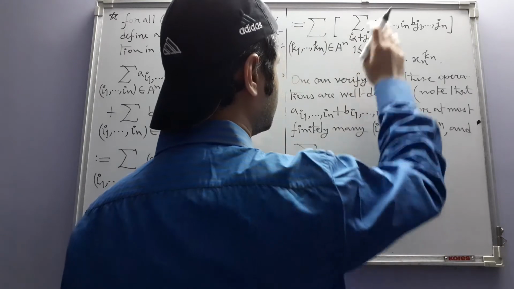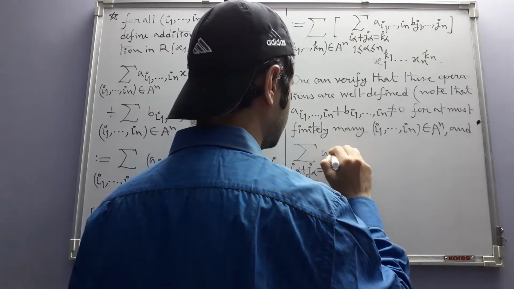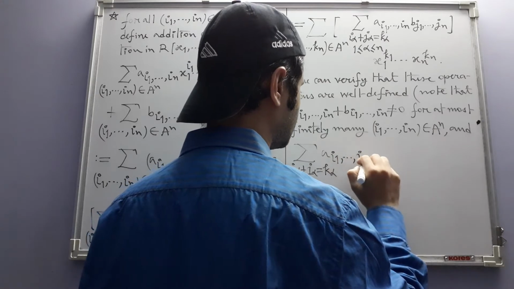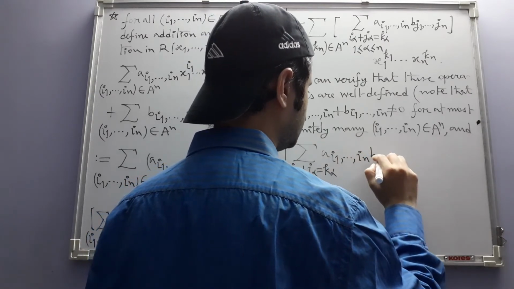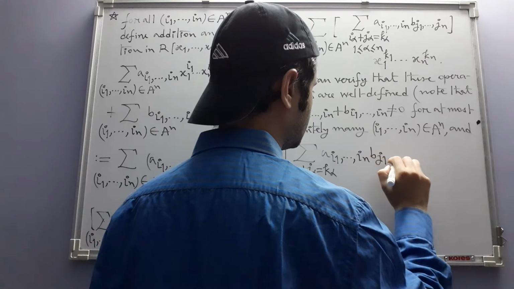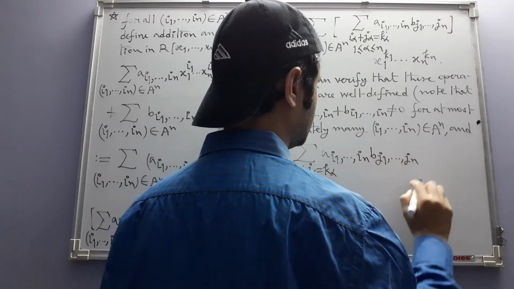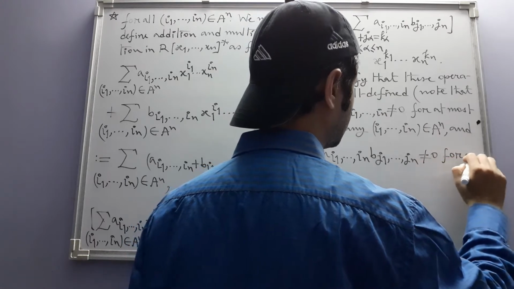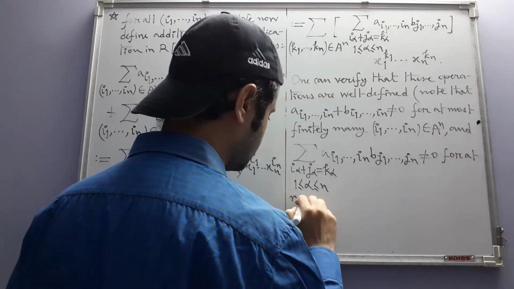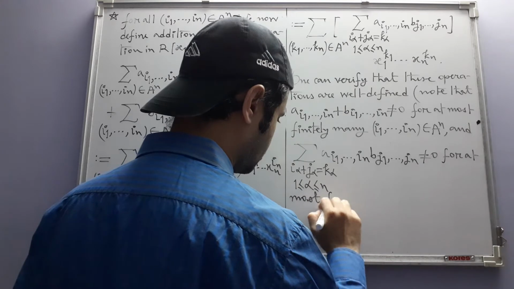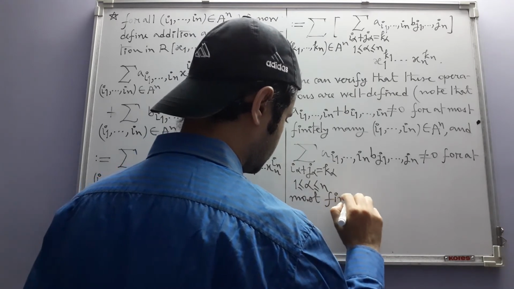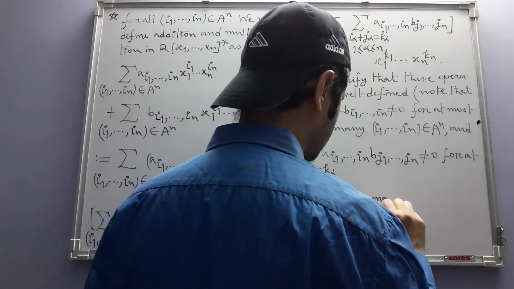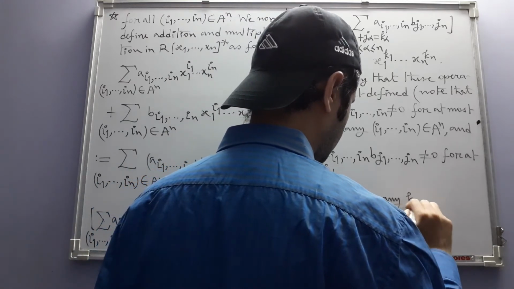Okay, and we are now saying that this is also not equal to 0 for at most finitely many vectors.